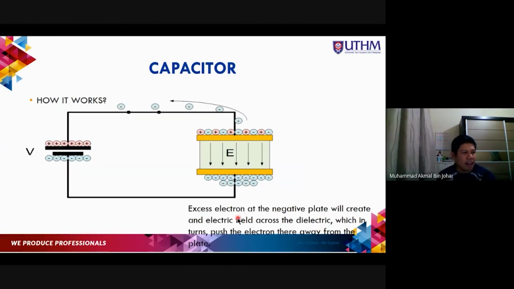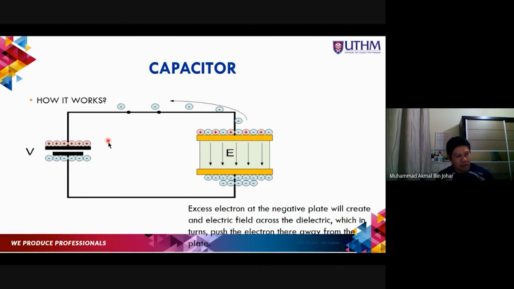The excess electrons on the negative plate create an electric field across the dielectric. Now the majority is negative at the bottom and positive at the top, so you have a great electric field. It is not balanced anymore.